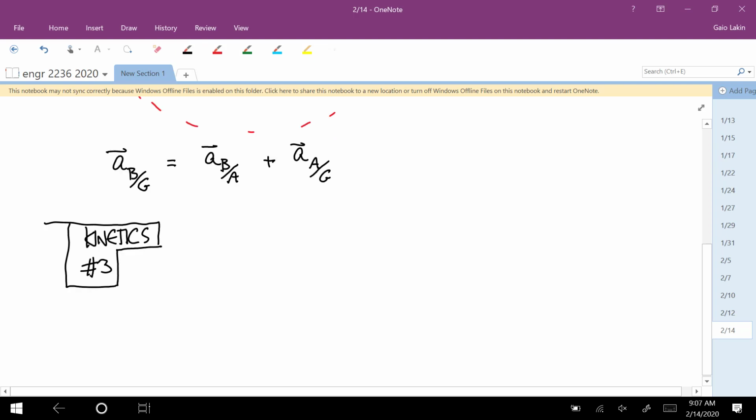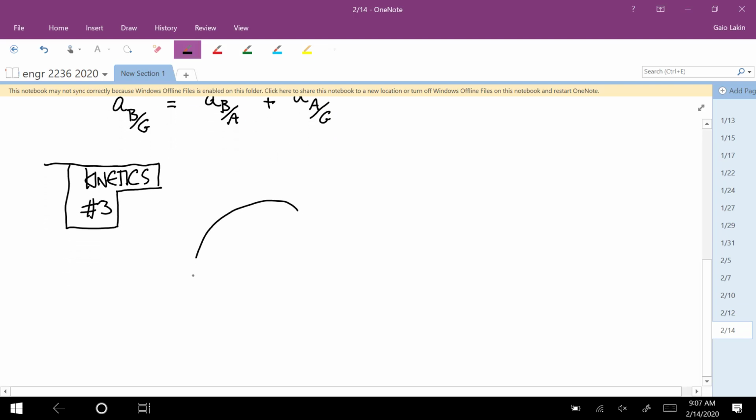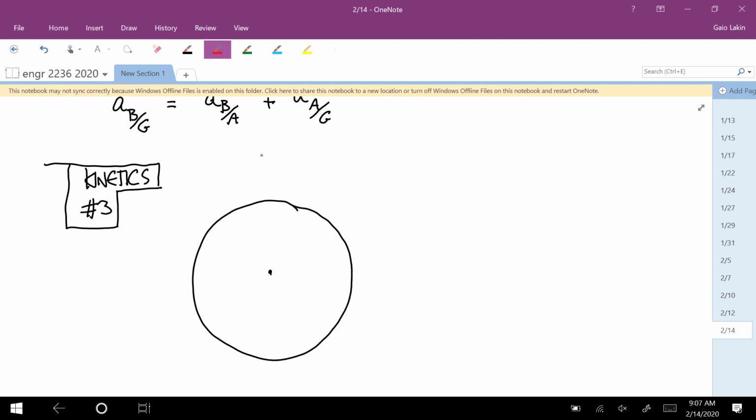A Ferris wheel has a radius of 4.5 meters. It rotates with a constant angular speed of 1.2 radians per second. It doesn't say the direction, so I'll choose this way. Yeah, that was my question.